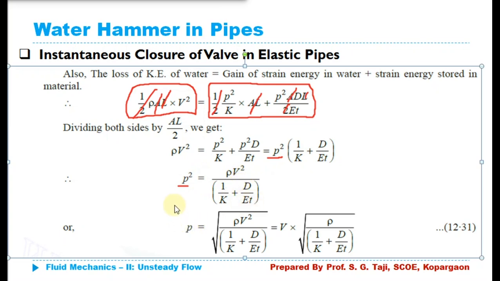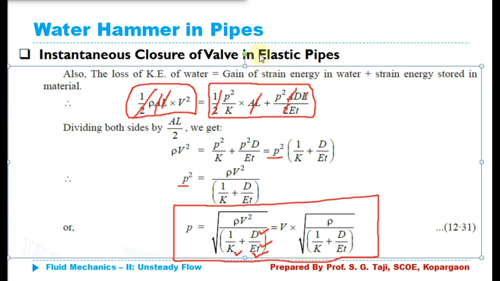Now, writing the equation for P, the pressure intensity of the pressure wave, it will be equal to the square root of rho V square divided by 1 upon K plus D upon ET, where rho is the density of water, V is the velocity of flow, K is the bulk modulus of elasticity of the water, E is the modulus of elasticity of the pipe material, T is the thickness of the pipe, and D is the diameter of the pipe.